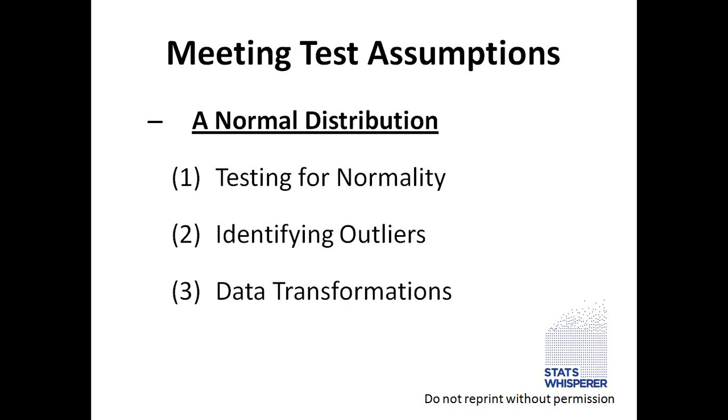If the distribution is not normal, you may want to check for outliers, which are extreme scores. So happiness is 1 to 100, and the average score is 50, and then you have one person that's 100, very happy. It's a very high score, and that could skew all the results.